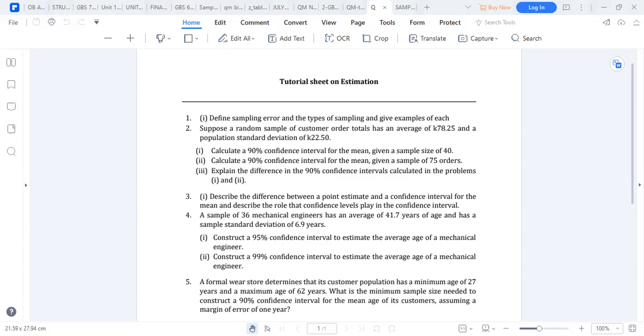Number two, the stratified sampling method, yes. Systematic and cluster sampling. All right. Then under non-probability sampling methods, what do we have?